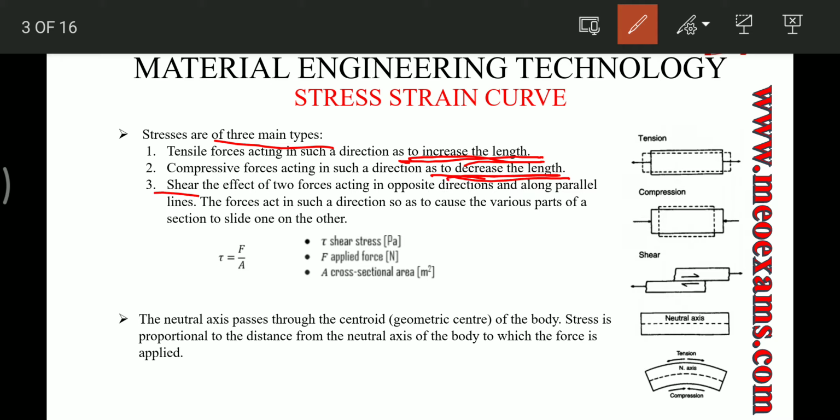For shear stresses, the two forces will be acting in opposite direction, as you can see over here, and parallel to each other. Okay friends, they are not coinciding, but they are acting parallel to each other. The forces act in such a way that the parts of the section slide on each other.